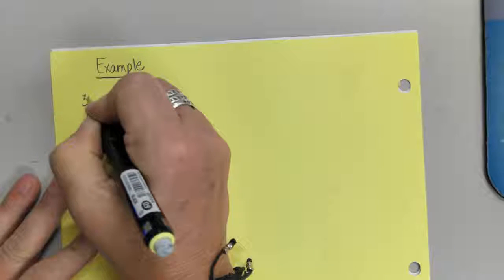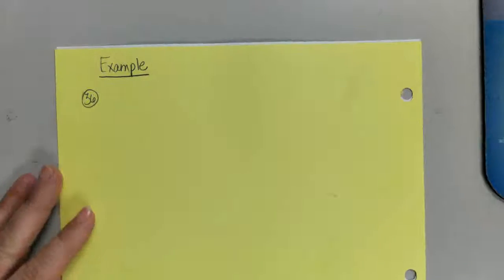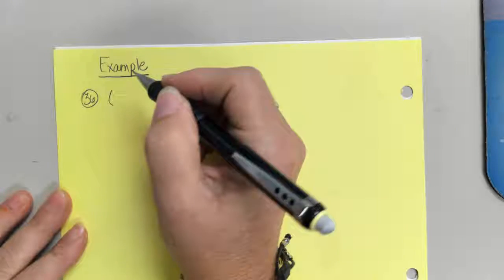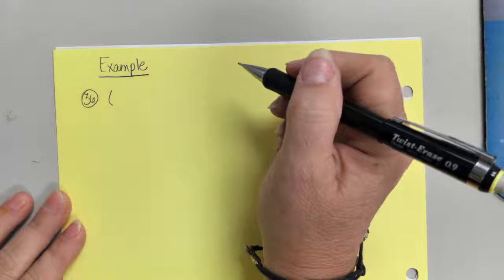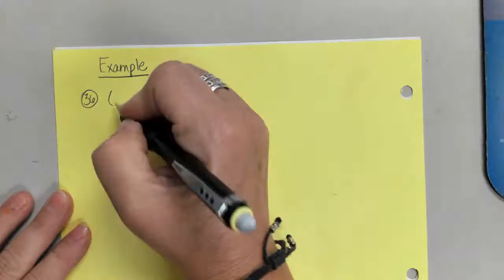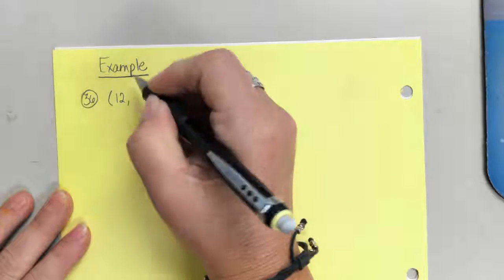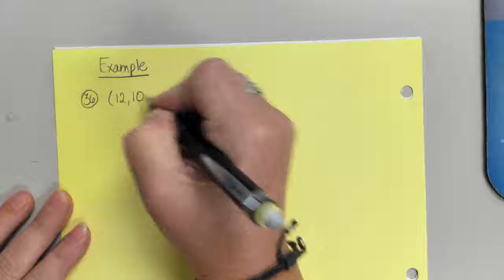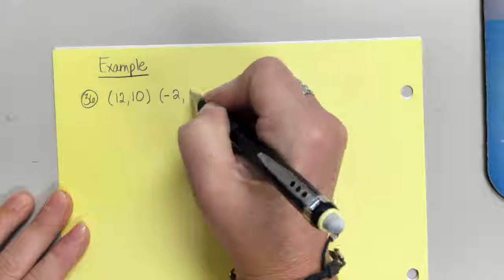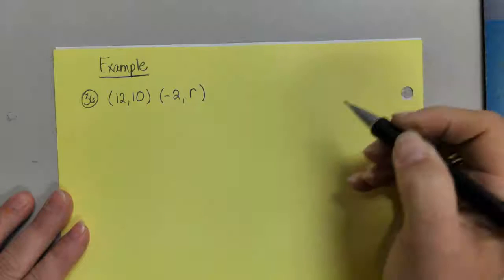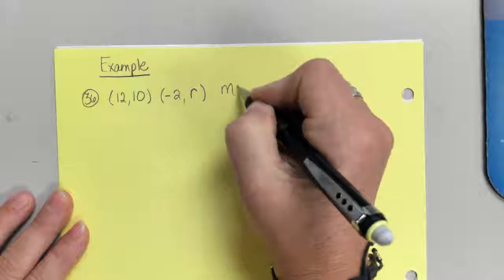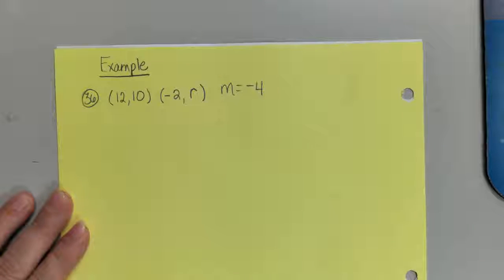This is actually number 36 from your textbook, page 177, and they say find the coordinates of the line that would go through these two points with the given slope. So what they're going to do is give you 2 points, but one of the coordinates is going to be missing. In this case, they're using r for the missing y in the second point. But they're telling us that the slope for this line is -4.